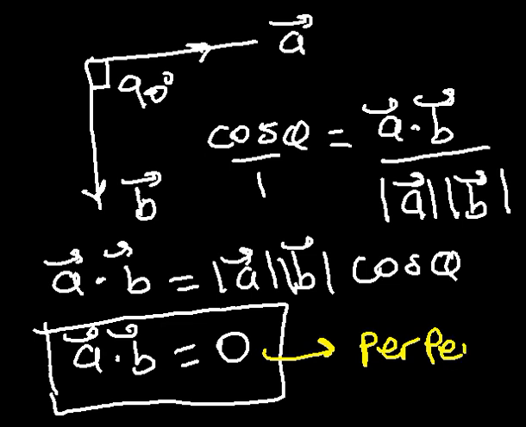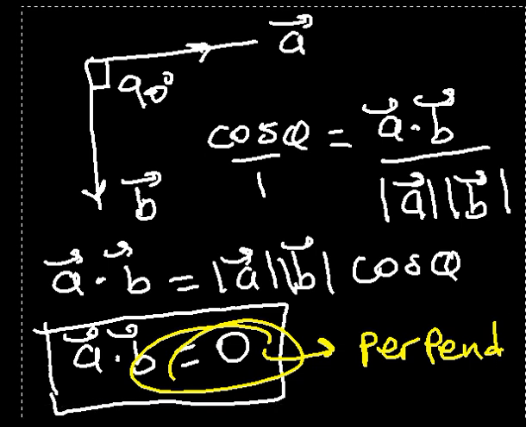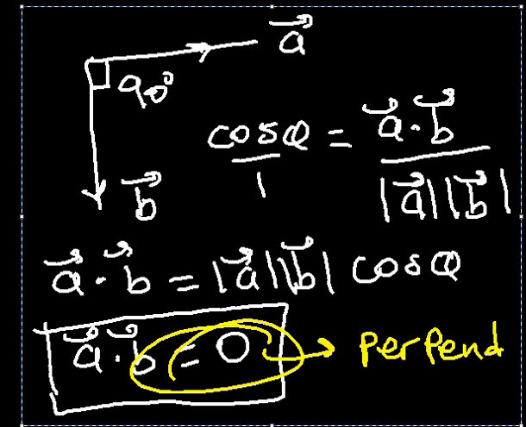So this is how we can determine if vectors are perpendicular or not. If their dot product is 0, those vectors are perpendicular. And let's see how we can apply this.